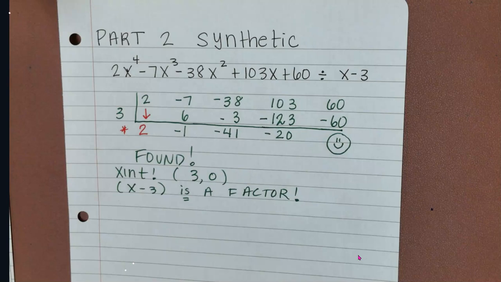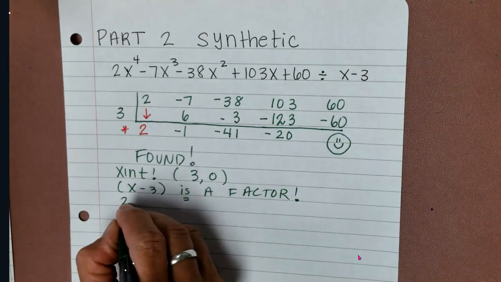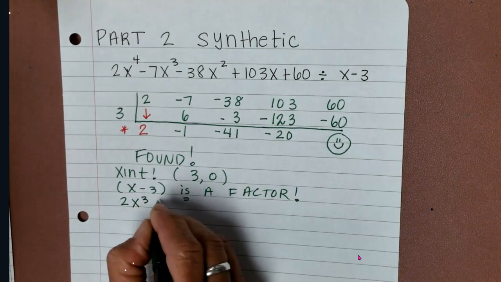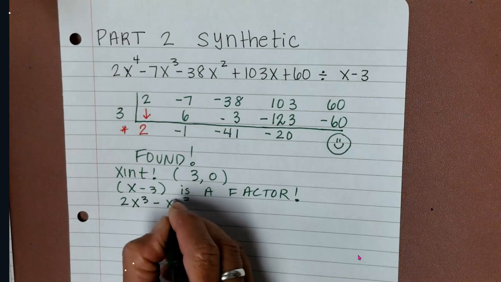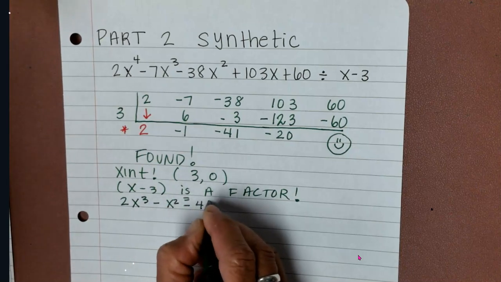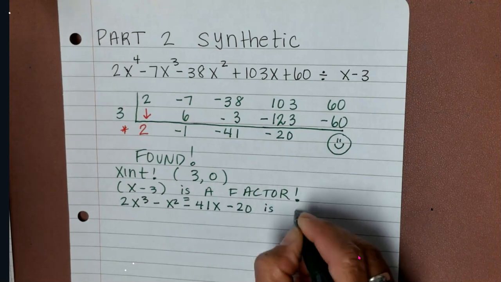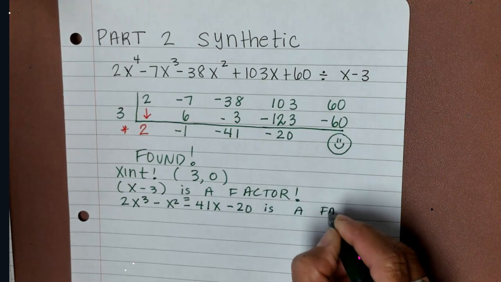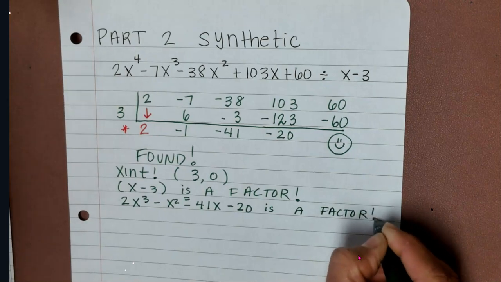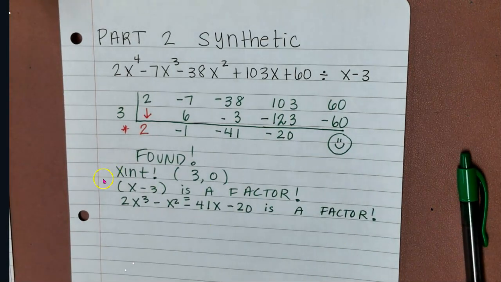This is 2x to the third minus x squared minus 41x minus 20. Like this. 2x to the third minus x squared minus 41x minus 20 is a factor. That is the business.